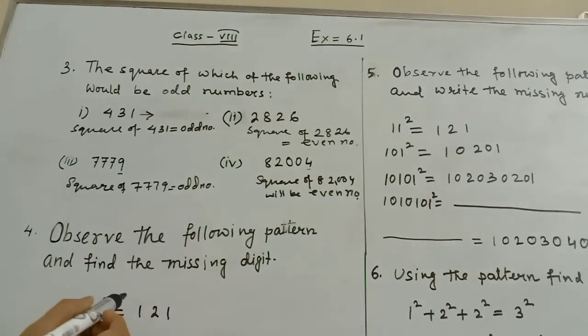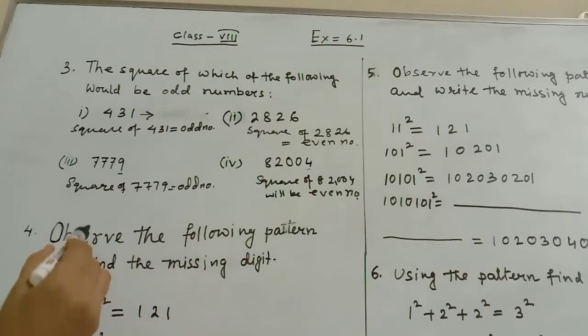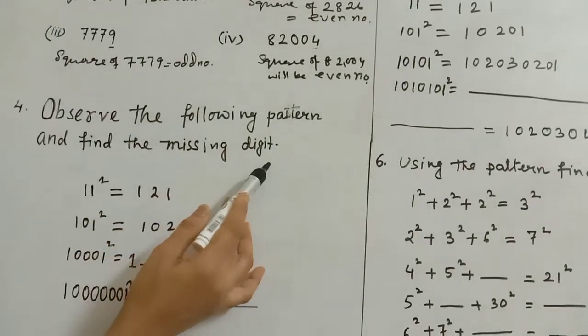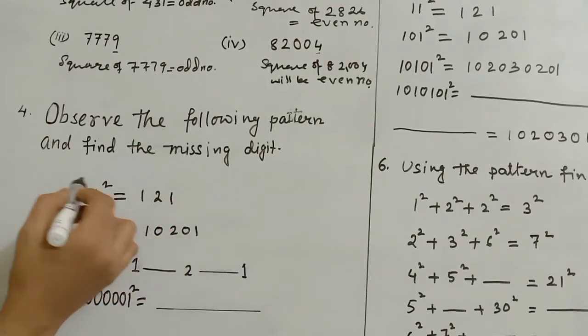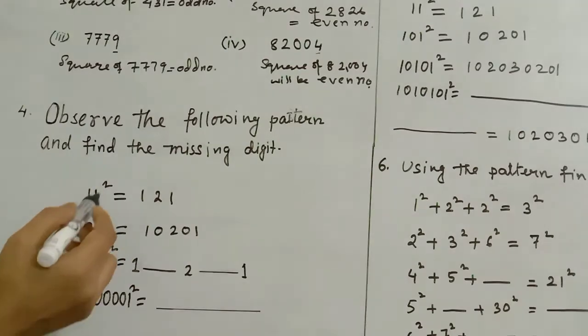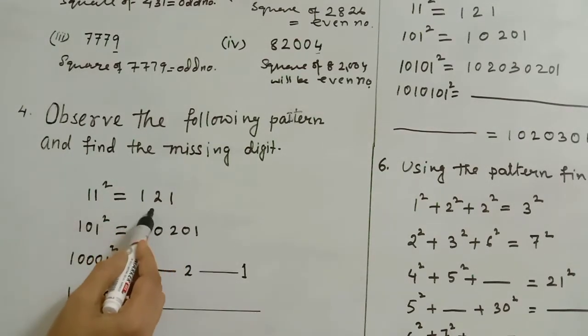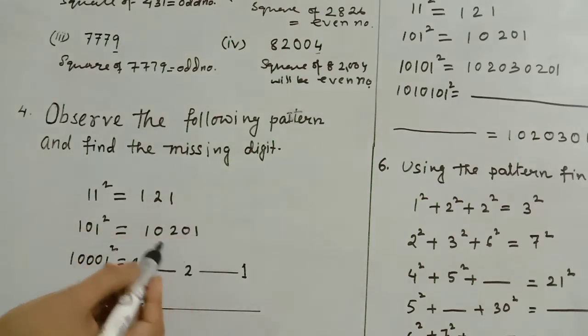Now an interesting thing you will see here. Observe the following pattern and find the missing digit. Here you all know that 11 square is equal to 121. 11 into 11 is 121, you have found it before also.